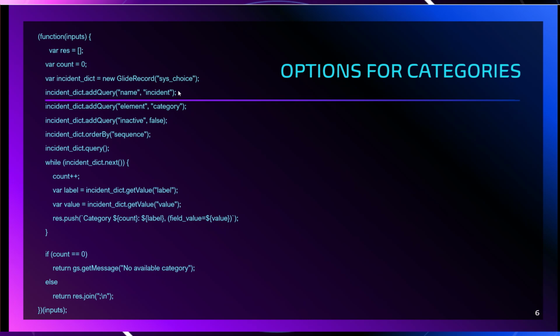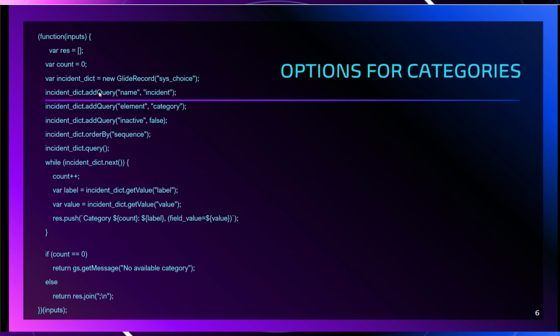We look at all the instance-related category records, and we look at the category active record as well. With active equal to false, we only look at active records, and then we order by sequence. Basically, you have a one-to-many relationship based on the order number field.